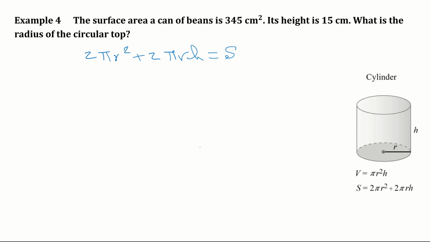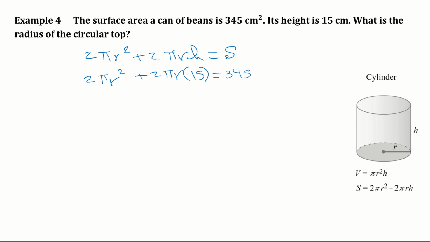We know that the height is 15 and the surface area is 345. So 2 pi r squared doesn't change because we don't have anything in that we know. And this one becomes 2 pi r times 15, right? So on the other side of the equation, we have 345.